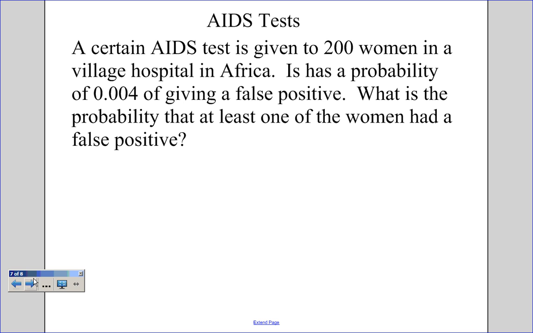So the probability that everybody had a false positive would be 0.004 to the 200th. That's such a low percentage that it just wouldn't happen. So about 0. Now, that's everybody has a false positive. Let's find the probability that nobody has a false positive.